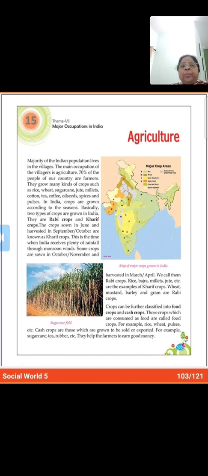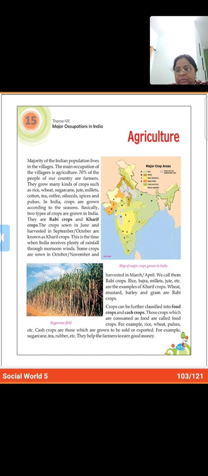Agriculture is an important sector of the Indian economy. Why? As it contributes about 17% of the total GDP. GDP means gross domestic product. Domestic product that we use daily. Crops.